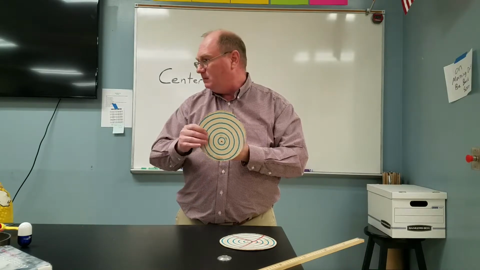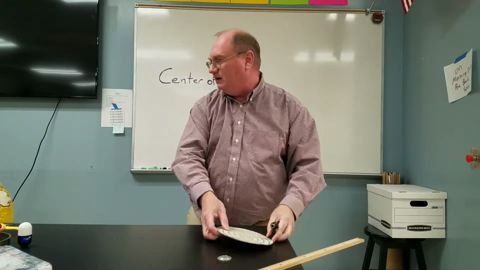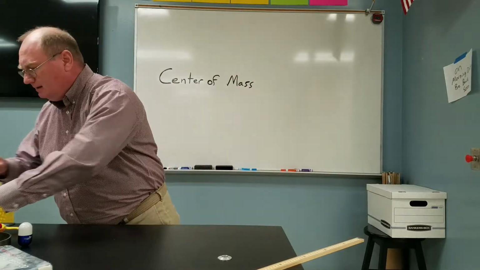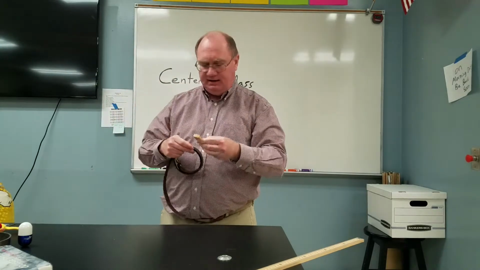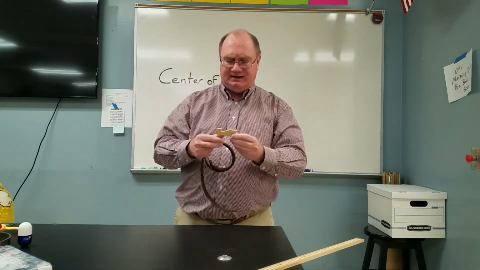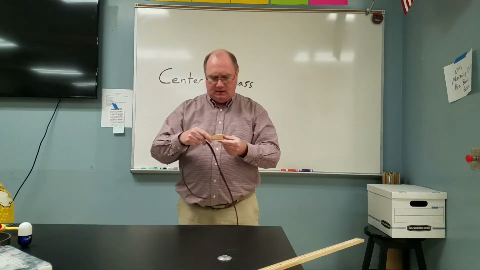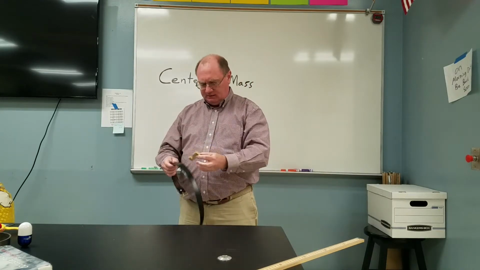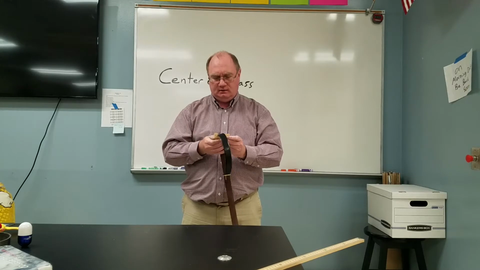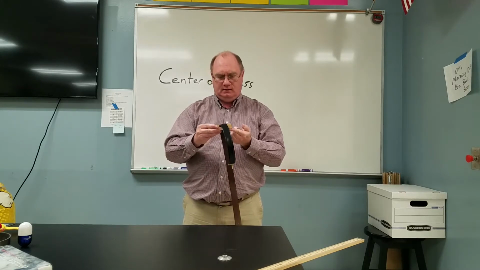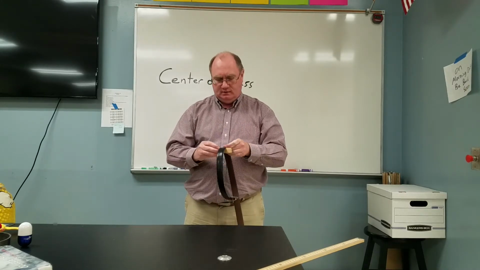Here we go. We've got another one we can do. This is called a skyhook. And the way you use it is you take a belt, put it in there, okay, and then you put it on your finger.